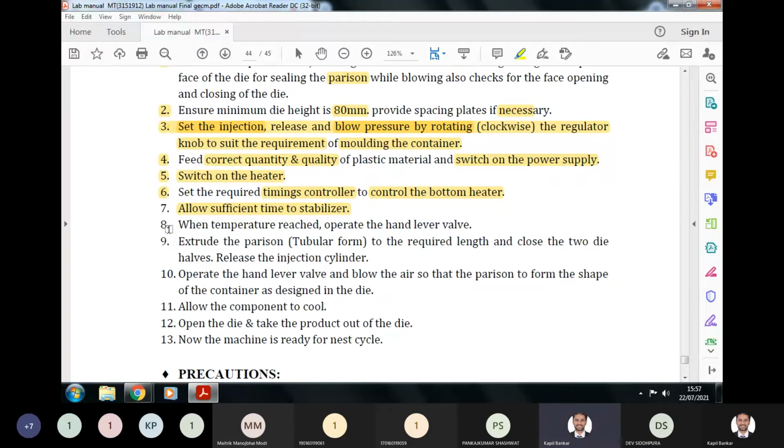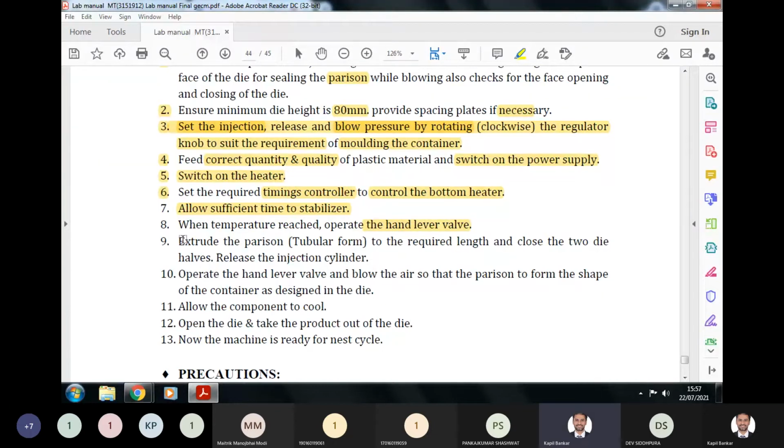Then when the temperature reached, operate the hand lever valve. Okay, when temperature is reached, means as per your required temperature, it is available, then operate the hand lever valve. Then what happens?